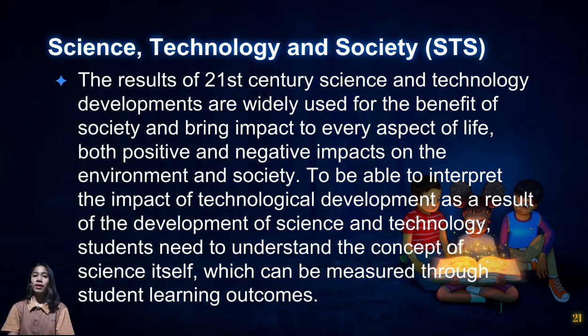Impacts on the environment and society. To be able to interpret the impact of technological development as a result of development of science and technology, students need to understand the concept of science itself, which can be measured through student learning outcomes.